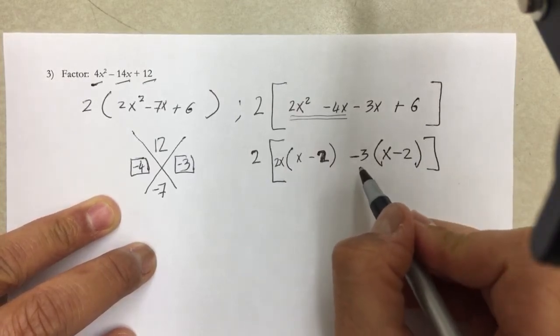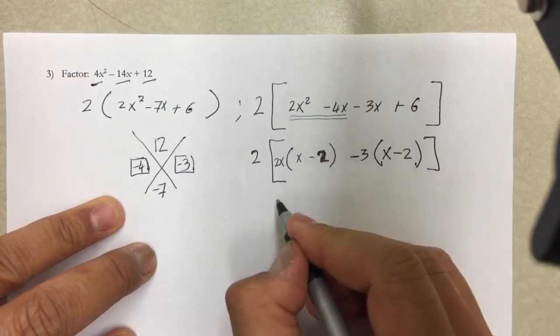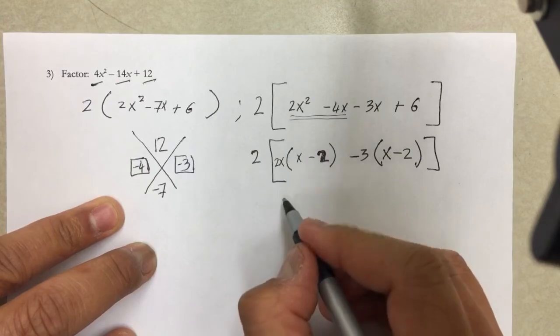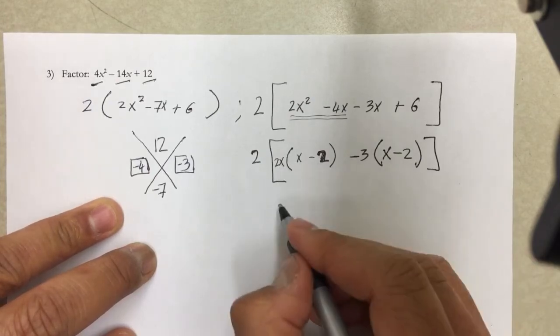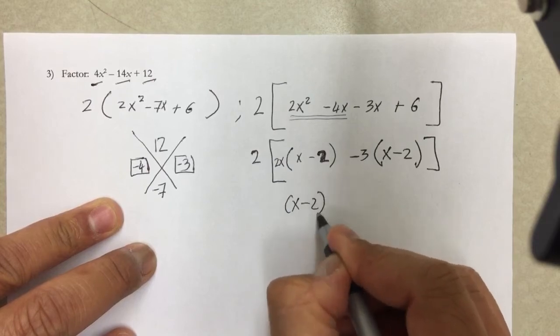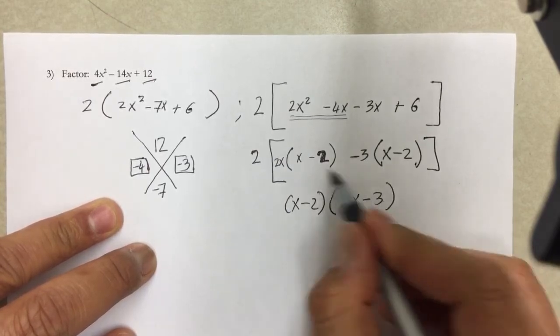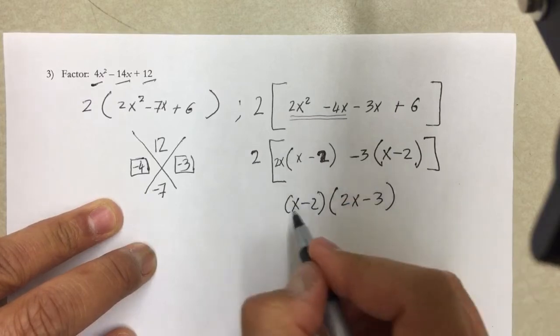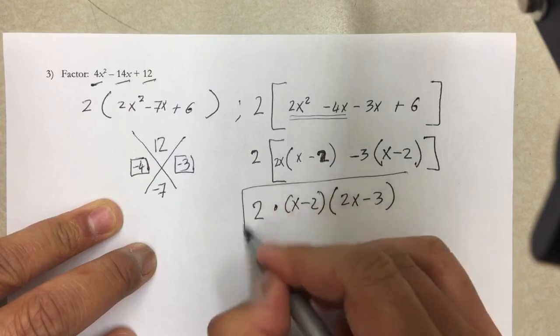And the reason why I wanted to take out negative 3 is because I want the parentheses to look the same. So inside this bracket, we can factor this expression as x minus 2 because that's what they have in common, followed by 2x minus 3, and then we bring this 2 down and we're done.